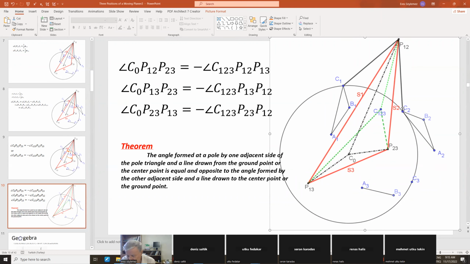Let me repeat, I have reversed the order. This angle is equal to this angle, okay? Or vice versa, if I consider C0, P12, P23, then C123, P12, P13 will be equal and opposite. And I can repeat, for example, C0, P13, P23 will be equal and opposite to the angle C123, P13, P12.